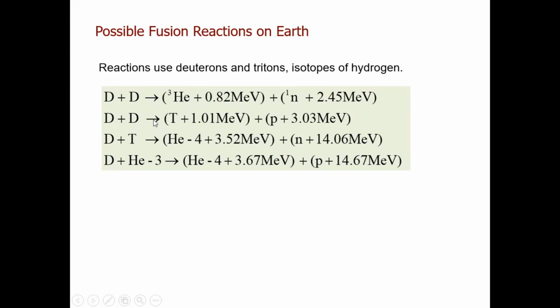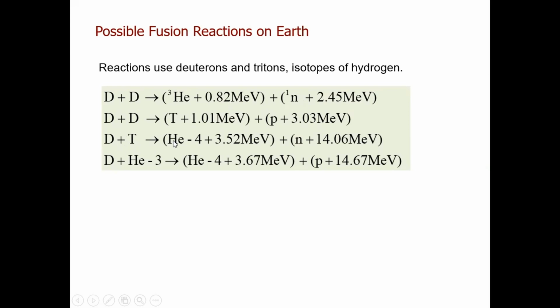They can also, with 50% probability, produce tritium and a proton. The proton is a charged particle and the neutron is neutral, and therefore the energy carried out by the neutron is high, and by the proton is also high. However, the proton can be stopped easily, and the neutron is difficult to stop.